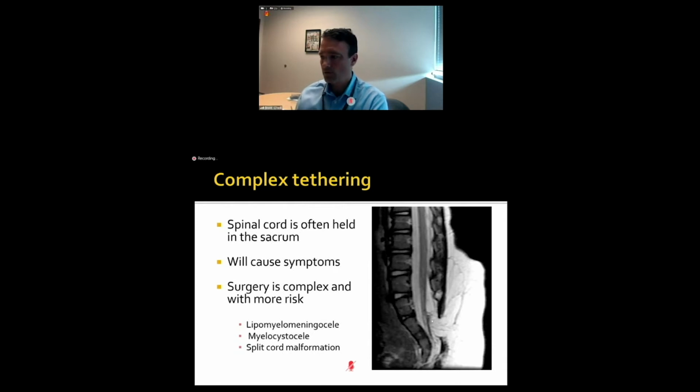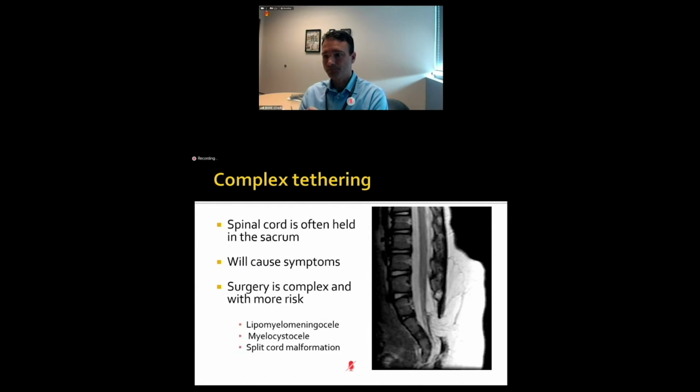And there can be a very long and complex attachment.